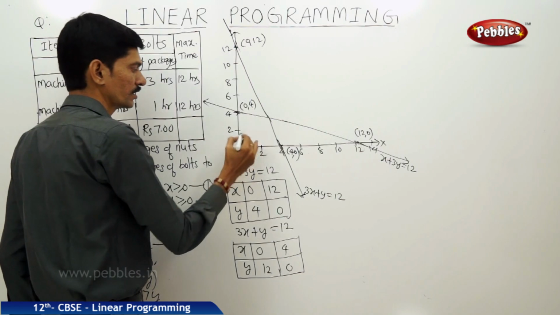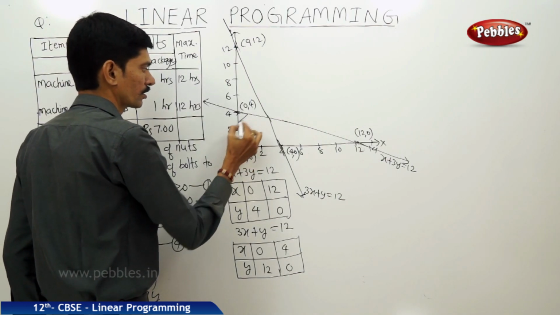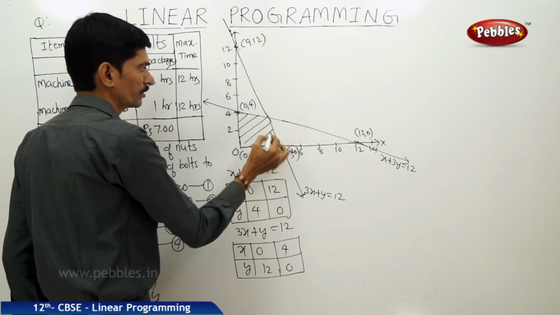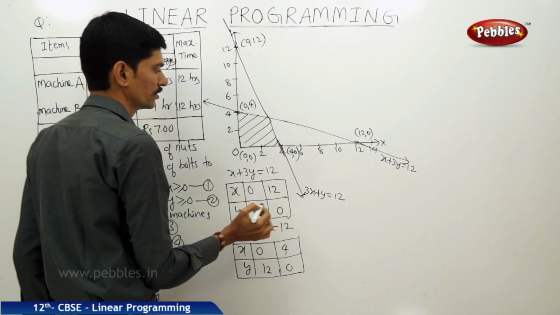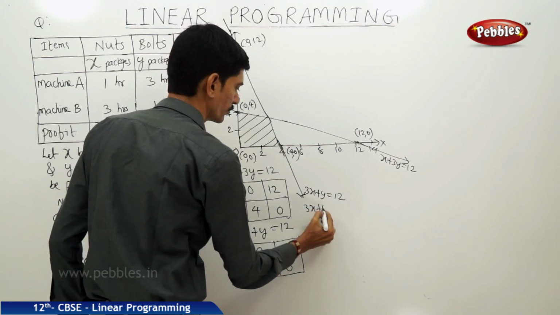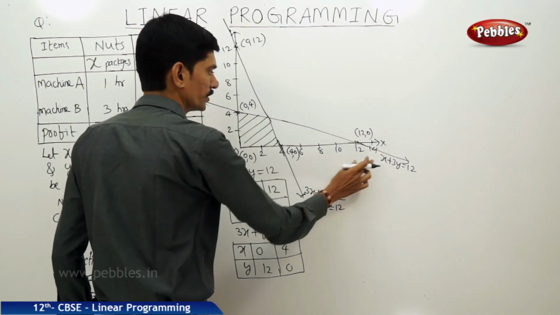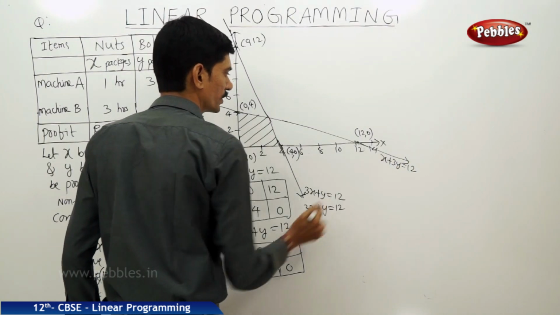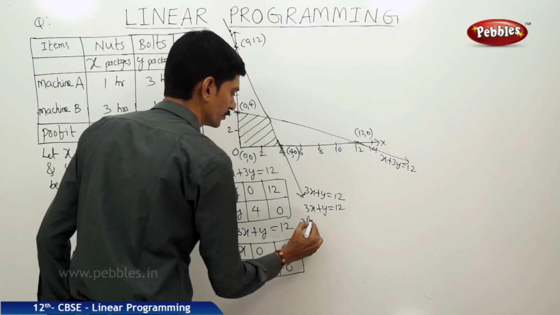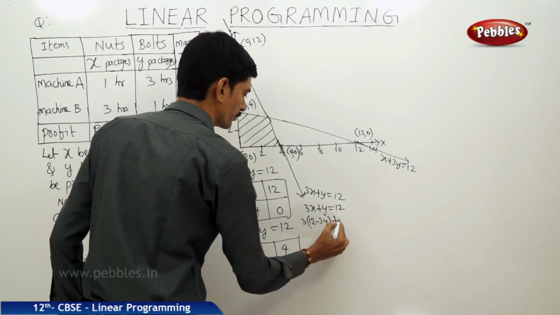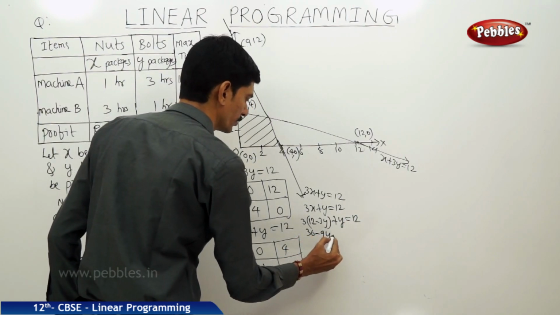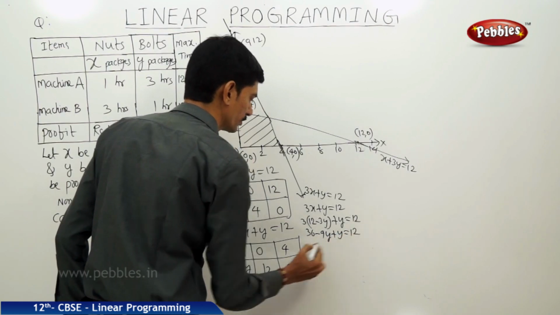Now this is the common region of the four inequalities. So we have to find the point of intersection of these two lines. For that, 3x plus y equal to 12. From this we will find x value 12 minus 3y. Substituting, 3 times 12 minus 3y plus y equal to 12. Then 36 minus 9y plus y equal to 12.